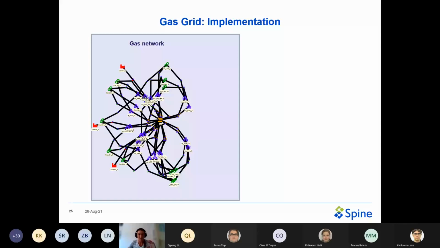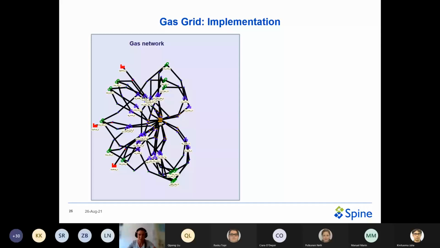Red, as you might have recognized from previous presentations, are our units, which in this gas network represent our gas producers. Then in green, we have our connections in the gas network, which represent the gas pipelines. And in blue, we have our nodes, which in the gas network represent either the gas nodes or the storage capability of those pipelines.